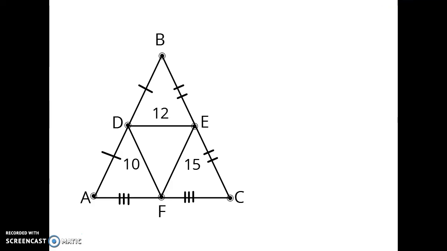Let's take a look at this triangle here. I noticed that BD is equal to DA, so D is the midpoint. BE is equal to EC, which makes E the midpoint.